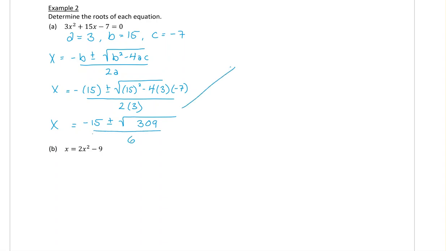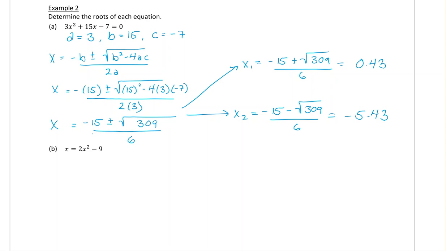Again, we're going to branch off into two values. The first is negative 15 plus the square root of 309, and the second is negative 15 subtract the square root of 309, divided by 6. Now pause the video and do that on your own, and then check in a few seconds if you got the correct answers.